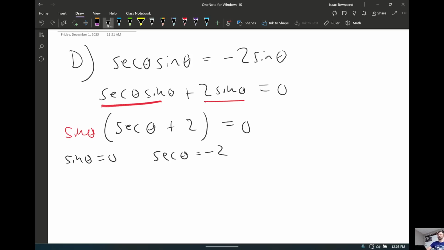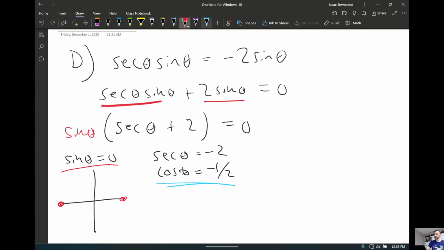I know where sine values are 0, so I don't need to do much more over here. But I don't know where secant values are -2. But it is okay to take the reciprocal of a side as long as you take the reciprocal of the other side. That's considered to be balanced as well. And cosine is -1/2 in 2 places.